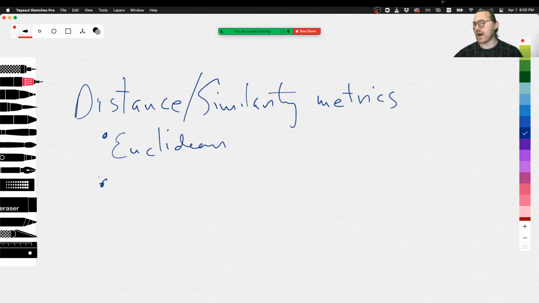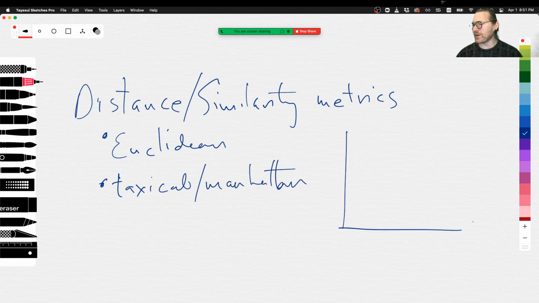We also have, let's say, taxicab or Manhattan distance. This one's a little different, but it's very related to Euclidean distance. Imagine that we have some grid, right?